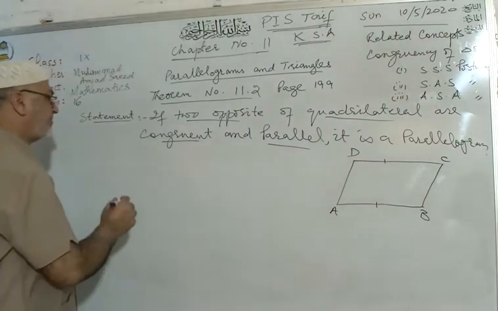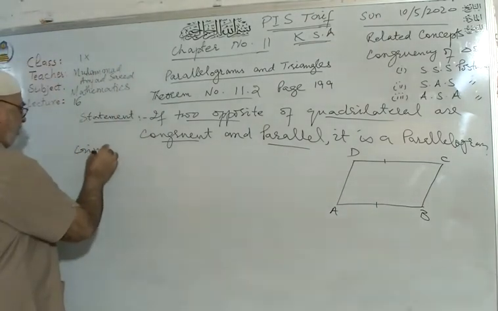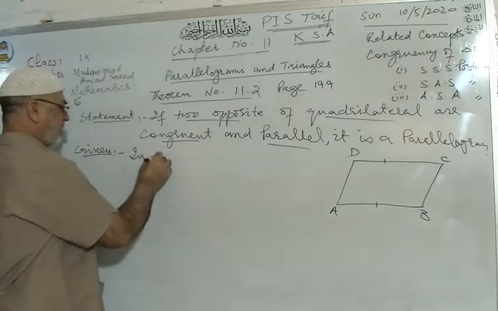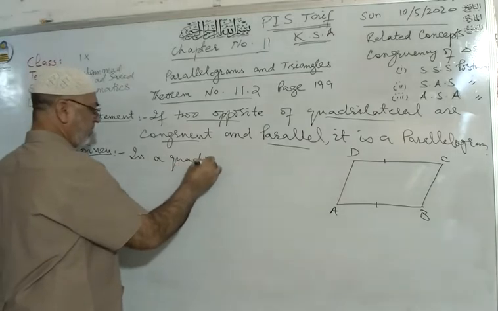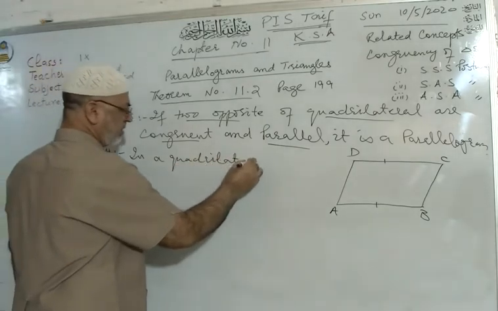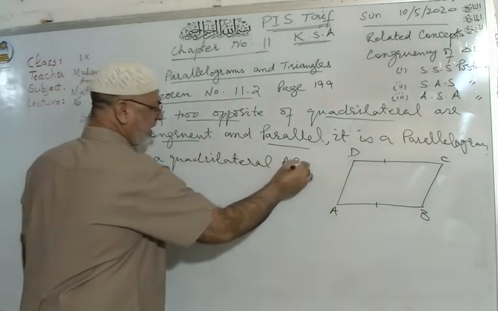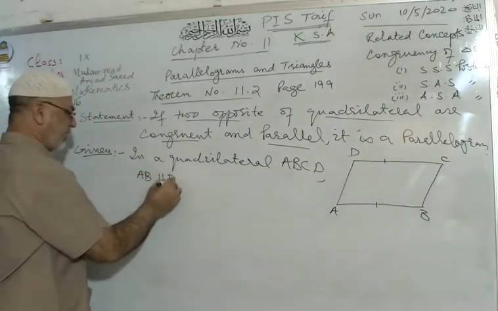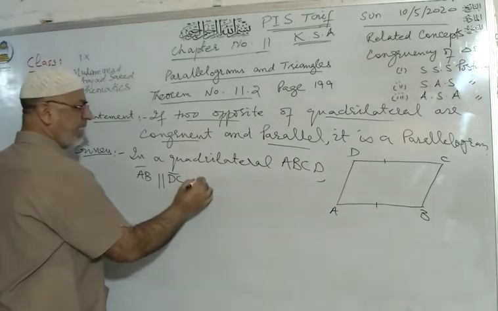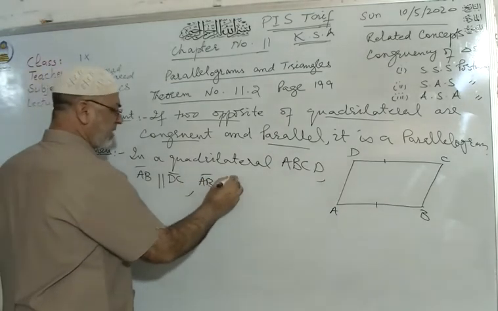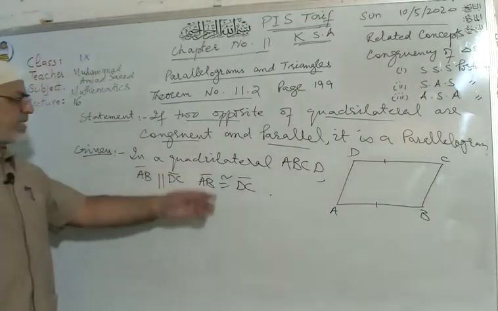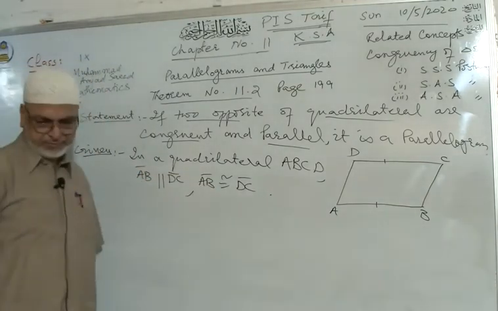This is given. In quadrilateral ABCD, AB is parallel to DC and AB is congruent to DC. So this is given in your theorem.